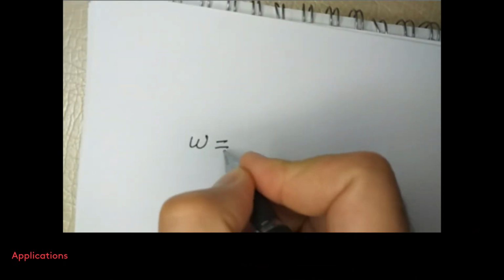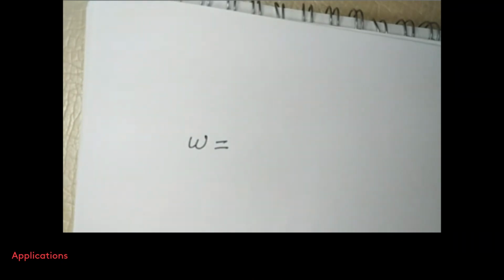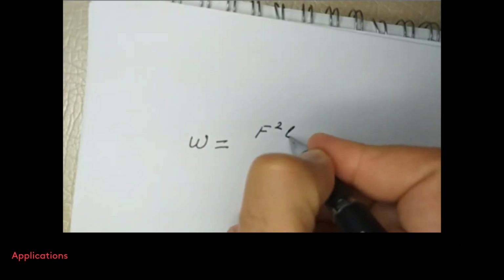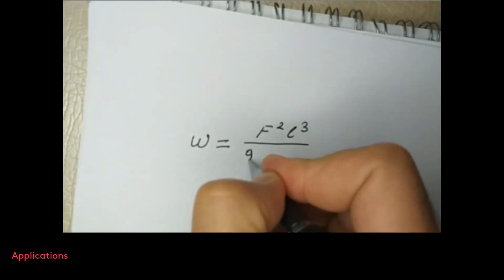So the strain energy is F squared L cubed divided by 96 E multiplied by I. This is the total strain energy in the beam.